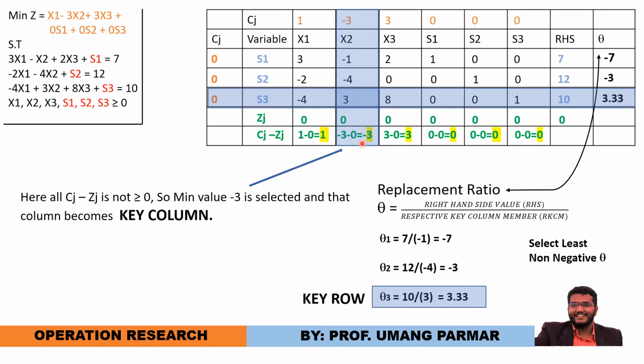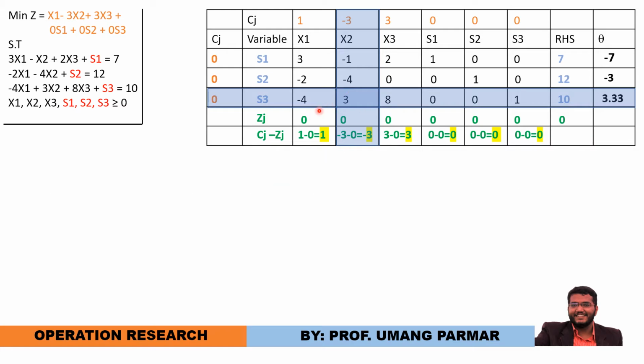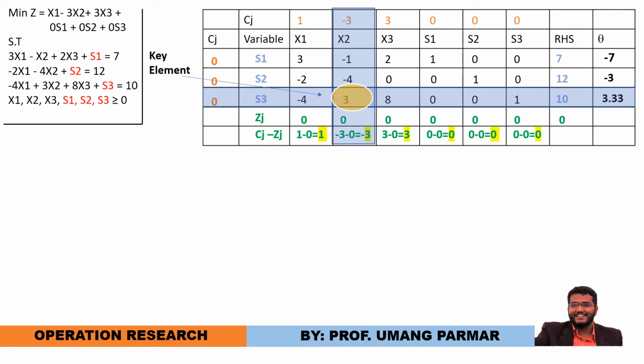This is our key column, the column of X2, and this 3 is our key element. So now we have our key column, key row and our key element, that is 3. Now we are going to modify our table.